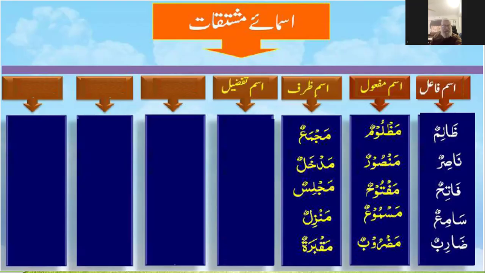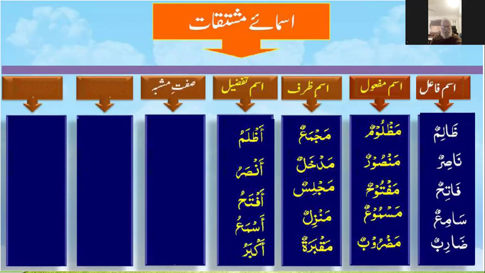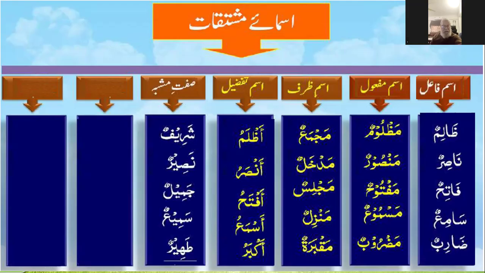Then comes the ism tafdeel. That is the comparison: azlamu, ansuru, aftahu, asma'u, akbaru. It may be sifa mushabbaha, just like sharifun, nasirun, jamilun, samiun, tahirun. It is on the pattern of fa'il.